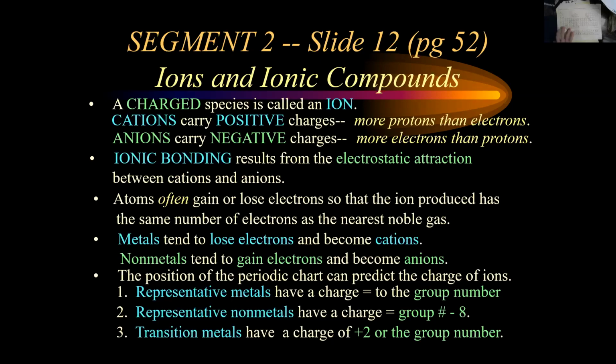If you look at the columns on the periodic chart, I don't want to break our discussion to go to the chart, but you should have one there to look at. The first columns on the left of the transition series are labeled 3B and 4B.